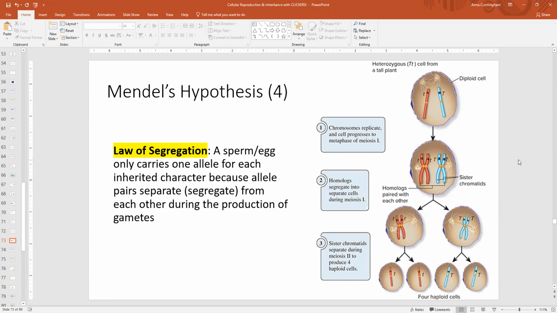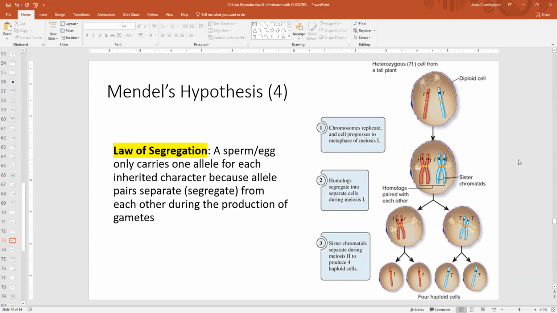All right. Okay, so we know the 4 hypotheses. We understand that there are different alleles for every gene, that an individual can be homozygous for those alleles or heterozygous for those alleles, and that different alleles can be dominant or recessive.